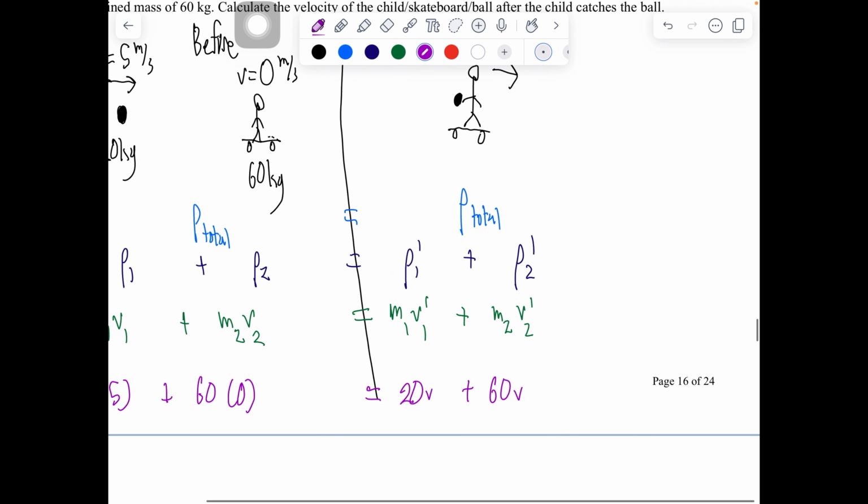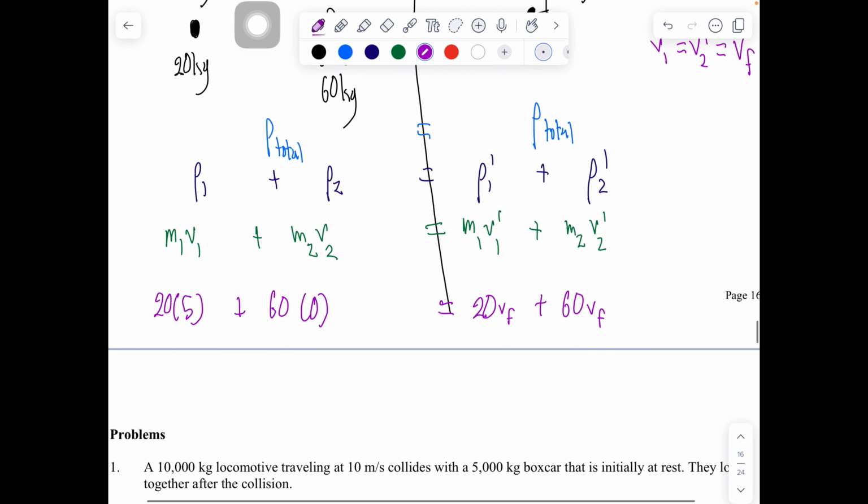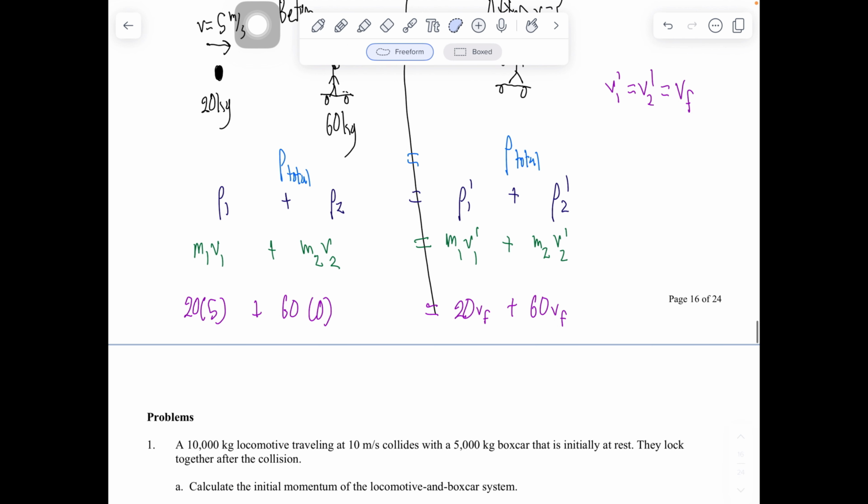Since v1 prime equals v2 prime, we can just call them some velocity. Maybe you'd like to call it velocity final. You can go ahead and do that if you like. So this is the math and how we plug it in. Let's bring this down so we can talk a little more about rearranging our equation, the way we get here.